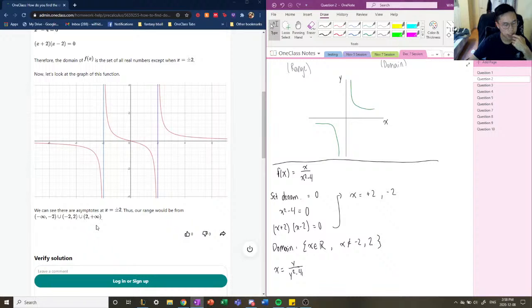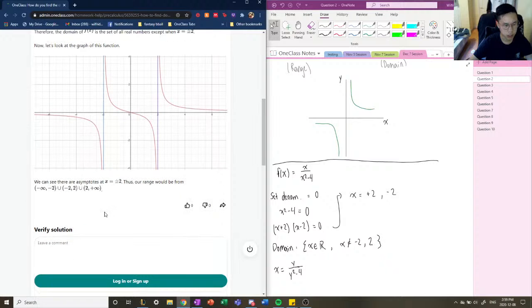That's because the range is measuring what are the possible values of y, and we can see here that this graph is always going to be trending from negative infinity to positive infinity up here, right? And it's also going to be close to 0 too, so it's the whole real value here. I don't know what they mean by this, but I do not think this is correct actually.